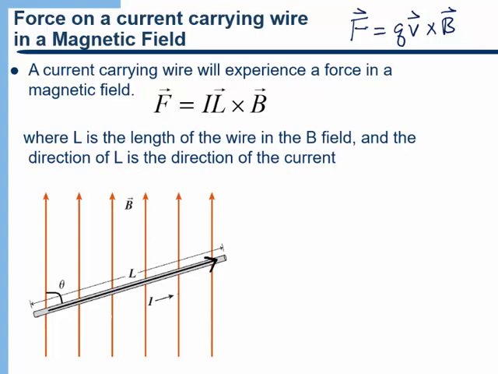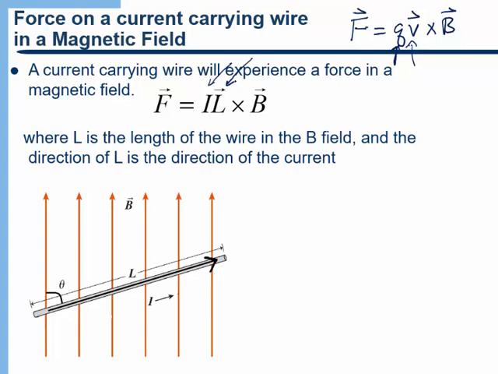So that whole wire is going to experience a force. So instead of the velocity and the charge, we have the current, and L is the length of the wire that's in the magnetic field in the direction of the current.